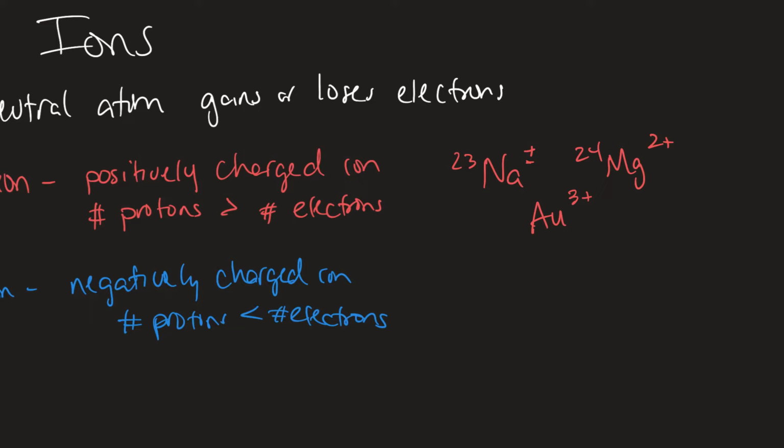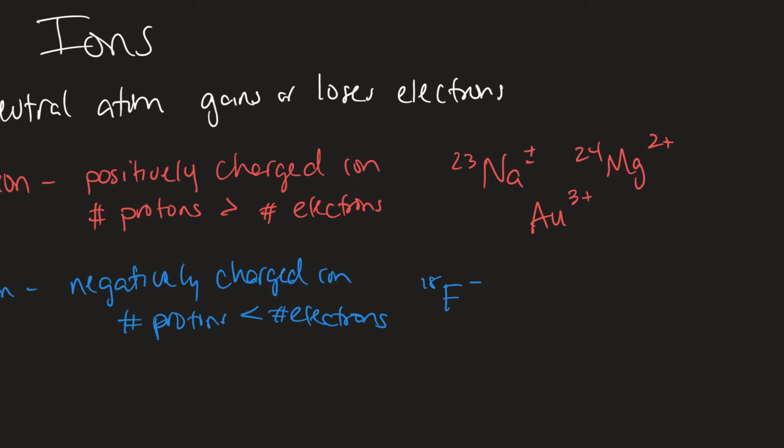Now, when it comes to negatively charged ions, it's the same idea, but instead of using a plus sign, we'll use a minus or negative sign. For example, you have fluorine 18. We'll put a negative sign here. What does that negative sign mean?